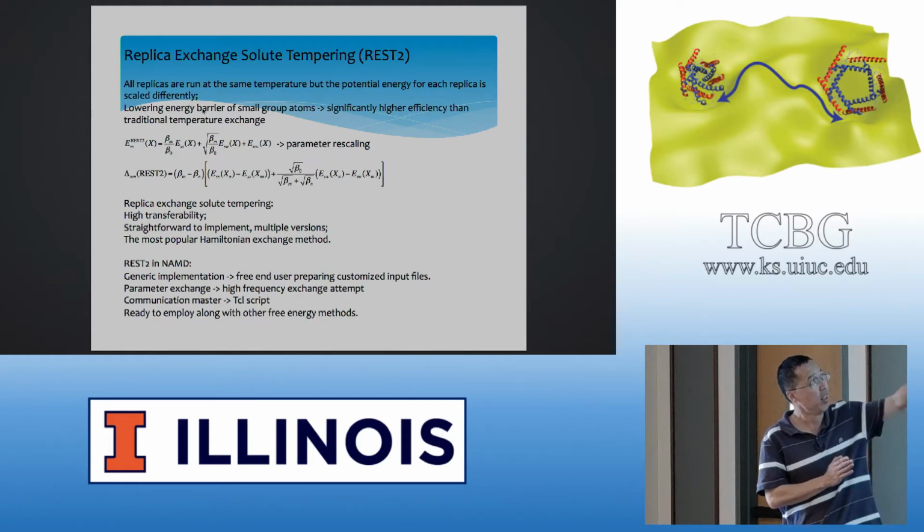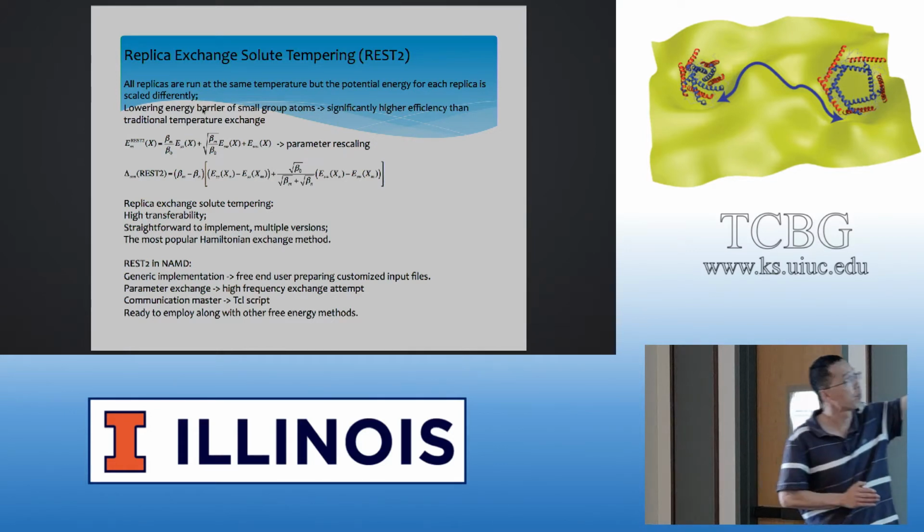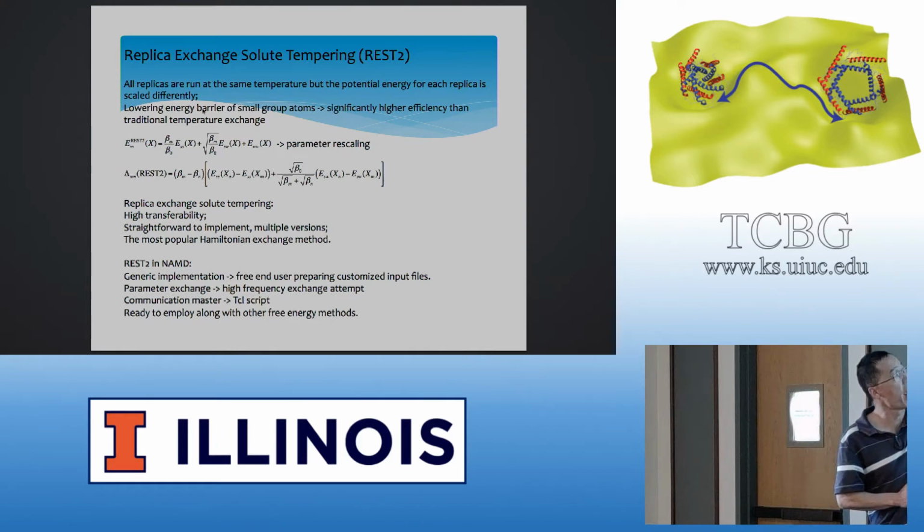Okay, in REST2, all replicas are run at the same temperature, but the potential energy for each replica is still different. In lowering the energy barrier of a small group of atoms, you need to predetermine which group of atoms are the potential slow degrees of freedom.